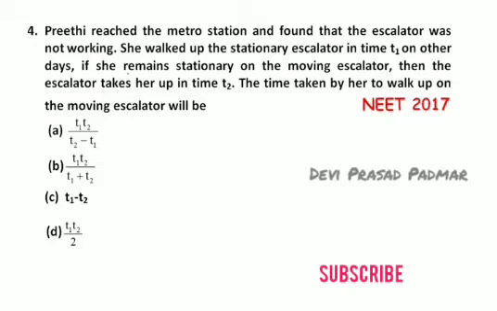Now, the time taken by her to walk up the moving escalator. If the escalator is at rest and she is moving over it, then the time required is t1. If she stands stationary on the moving escalator, that means she is at rest and the escalator is moving, then the time taken is t2.